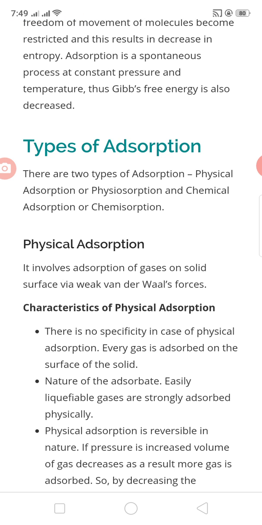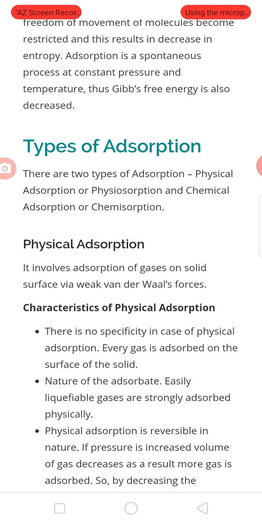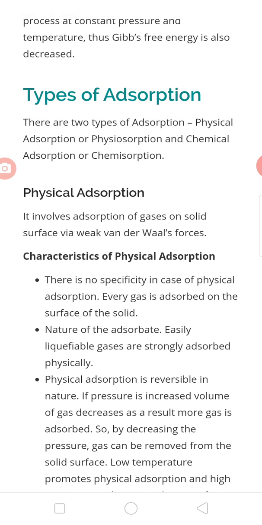The various characteristics are as given. There is no specificity in case of physical adsorption. Every gas is adsorbed on the surface of the solid.